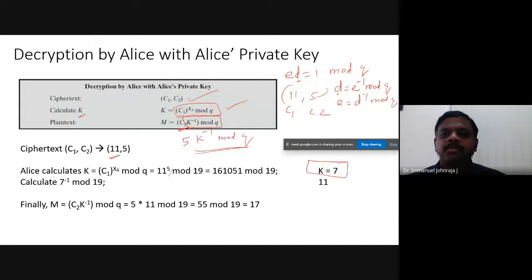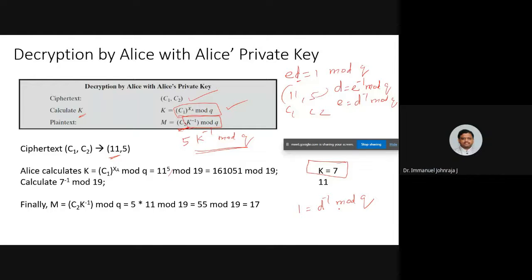Now, what are you supposed to do? C2 is known to us. Now we have to find out what is K inverse mod q.